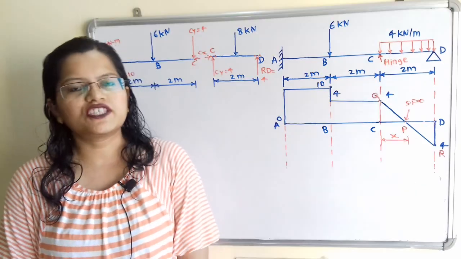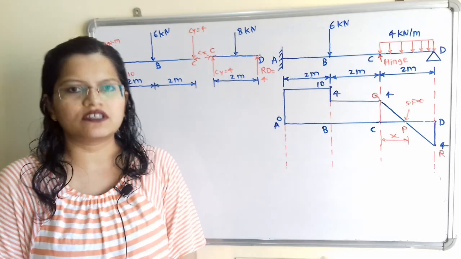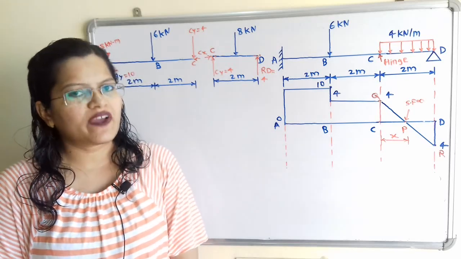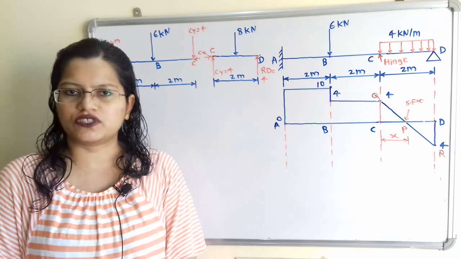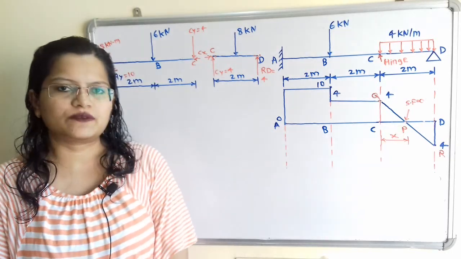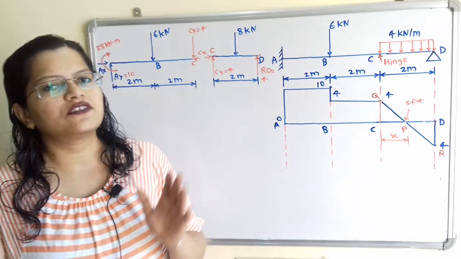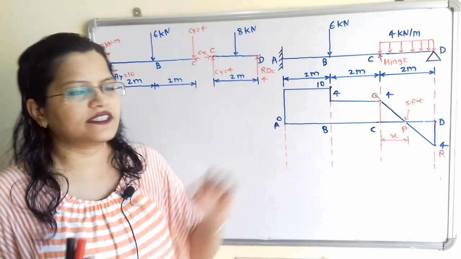If we observe the shear force diagram, then there is the point of intersection at which value of shear force is equal to 0. We will give the notation as a point P for this point. Now, how to find out the distance of this point P from this point C?